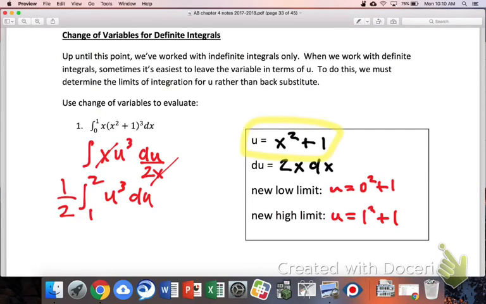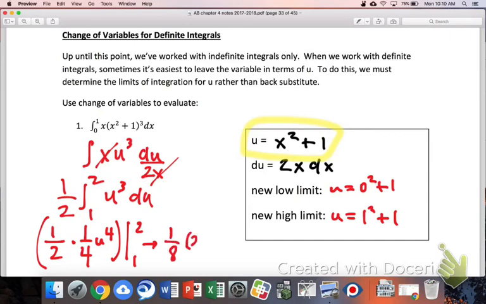So the way this would finish, we'd find our antiderivative would be 1/2 times 1/4 u to the 4th, evaluated from 1 to 2. We're just going to do that FTC1 thing. So this ends up being, let's see here, 1/8 times 2 to the 4th minus 1/8 times 1 to the 4th.